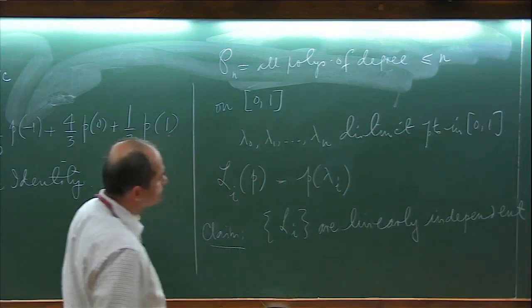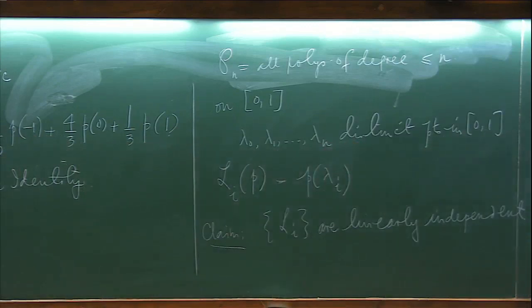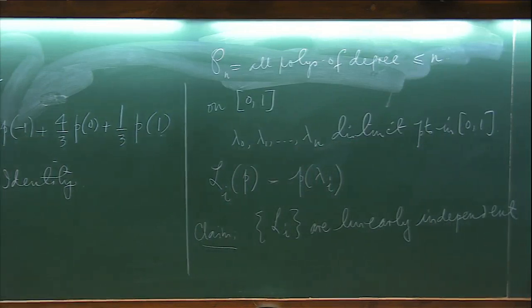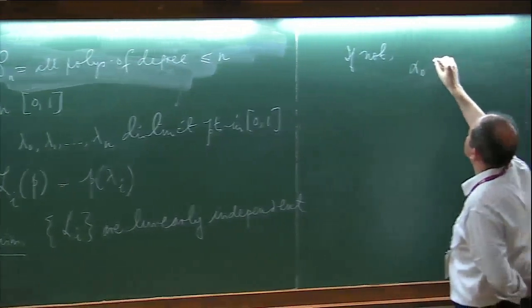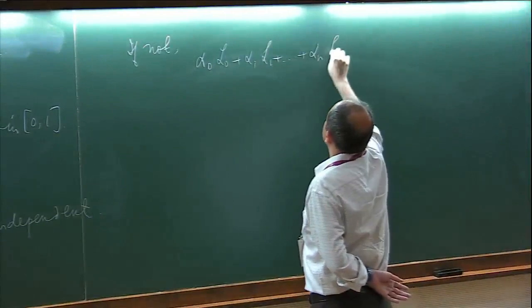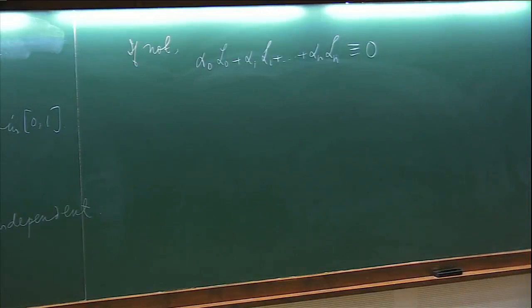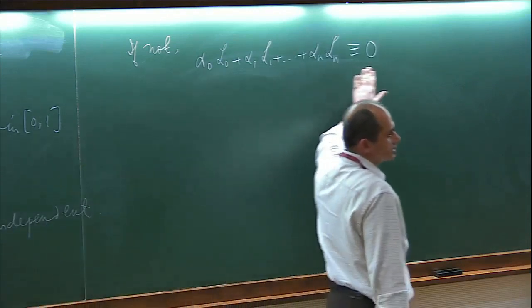A quick way to see this would be to assume that this is a linearly dependent set. If not, then let's look at a certain combination, say alpha 0 L0 plus alpha 1 L1 plus up to alpha n Ln, and suppose this is the zero functional. I work with the canonical basis for this vector space, namely 1, x, x squared, up to x to the n, and I evaluate the left hand side on the set of all basis vectors.